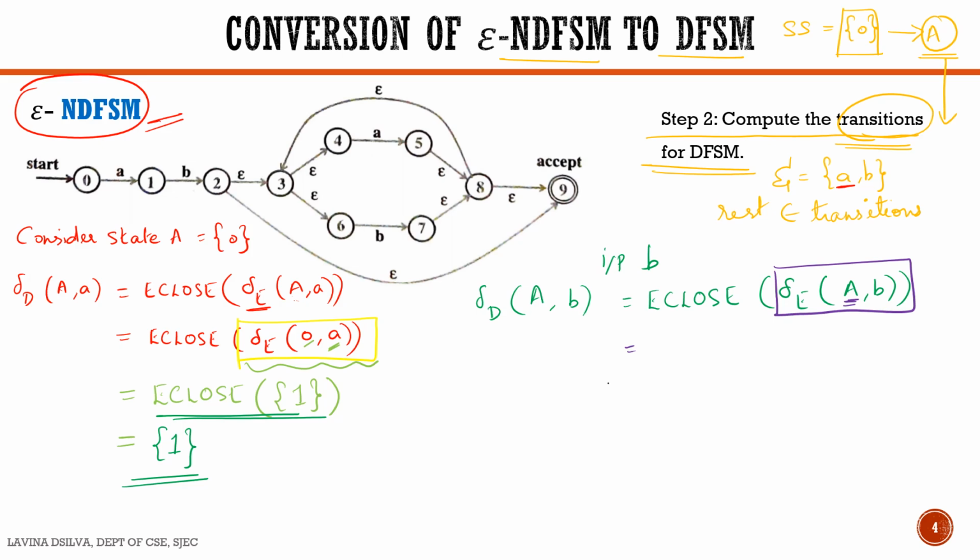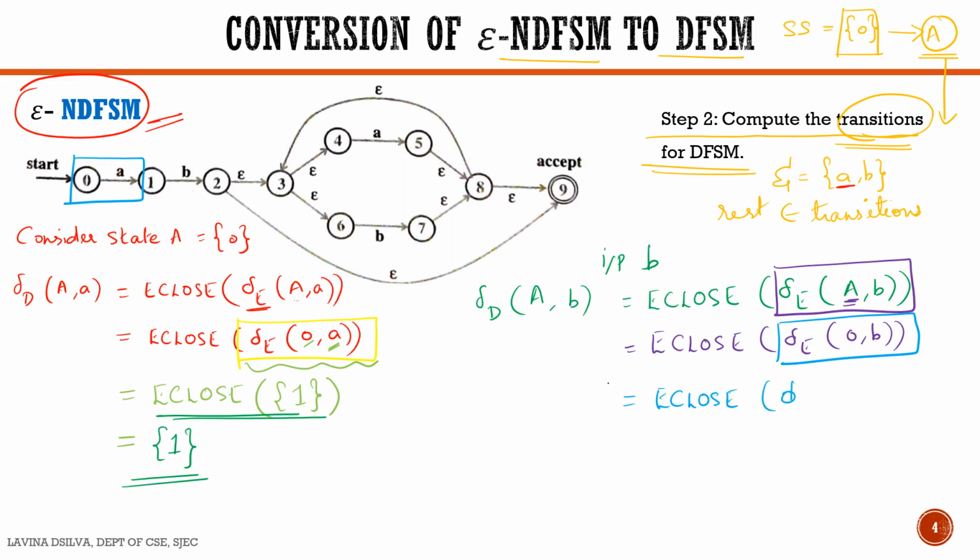Instead it is state 0. So rewrite E close of delta E of 0 comma B and check for the delta E transition of 0 and B. Do we have any transition defined? We do not have any transition defined. Therefore it is E close of phi. E close of phi is phi itself.